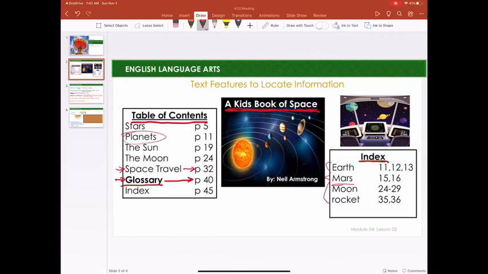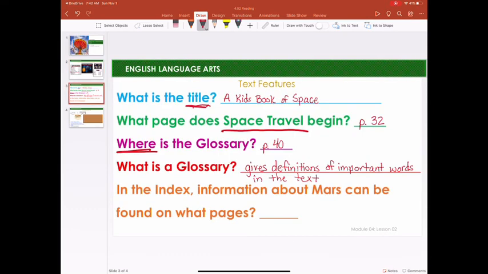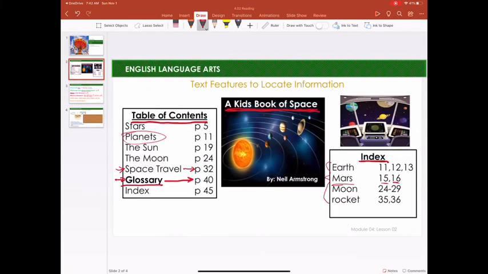So Mars is probably found in the chapter called Planets, but if I want to learn specifically about Mars instead of all of the planets, I need to look on pages 15 and 16. Okay, so the index, it was asking us what pages can we learn about Mars. We just saw that, pages 15 and 16.